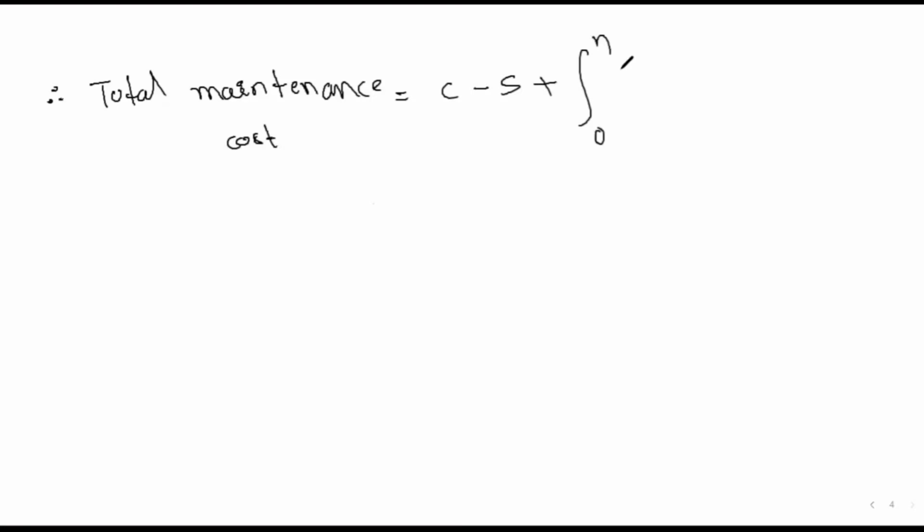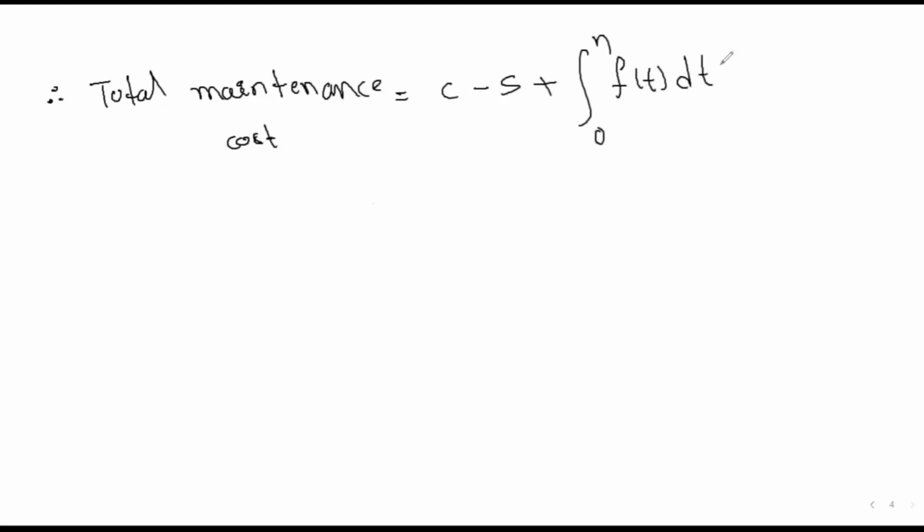Therefore, total maintenance cost is equal to C minus S plus integration 0 to n f of t dt, right?